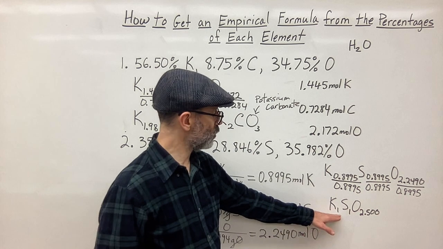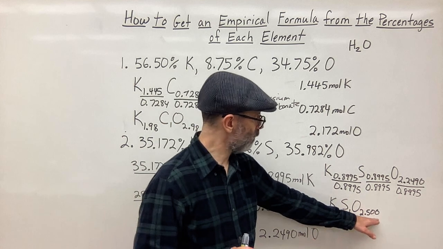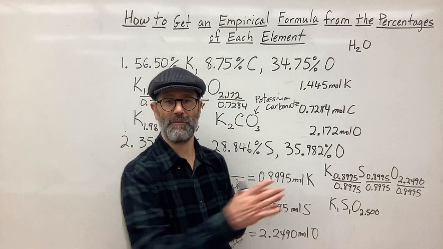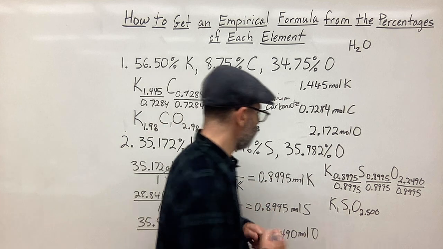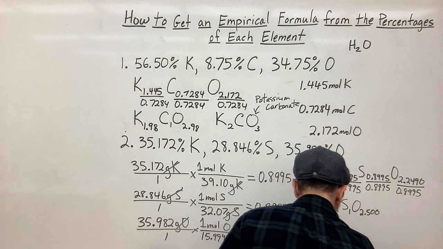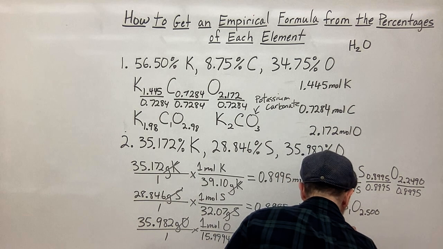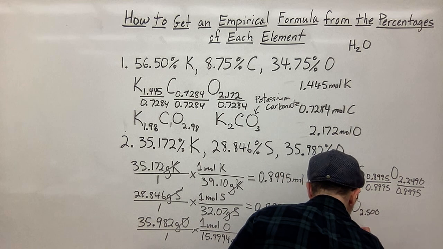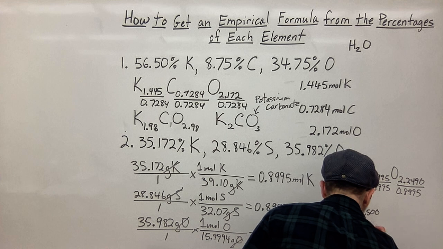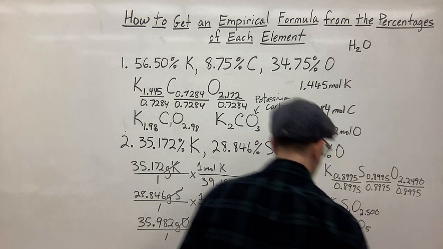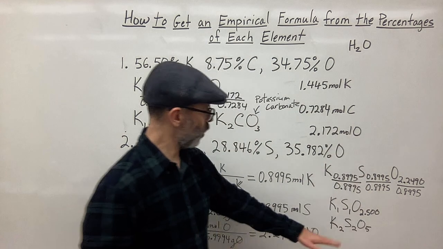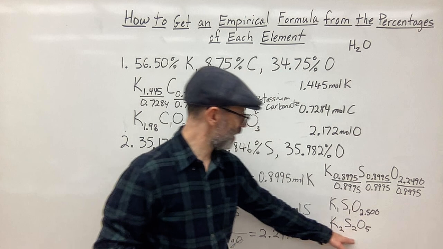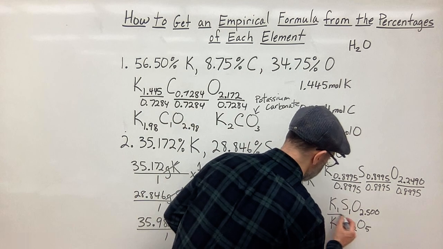So to keep the ratio the same, but get rid of the half, I need to multiply everything by 2. So when I multiply everything by 2, it's going to be K2S2O5. And so that, ladies and gentlemen, is the empirical formula.